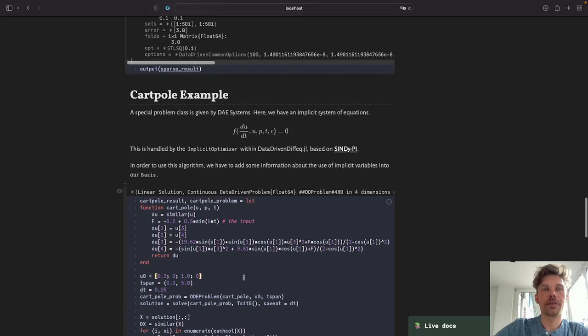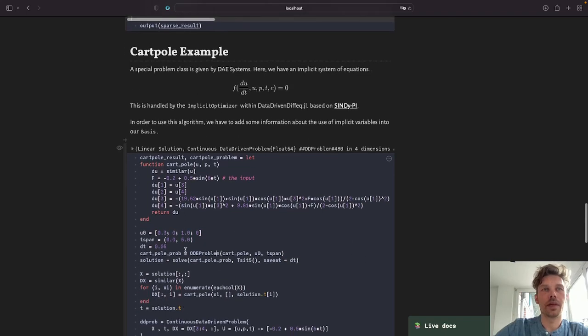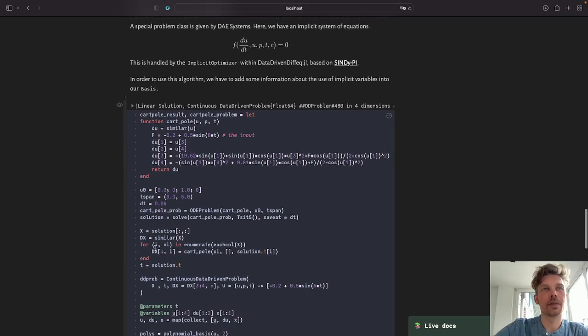To come up with that, we again collect from the simulation data our time derivatives, use just the last 2, and also include our control signal in the process, which is fed into here and here.